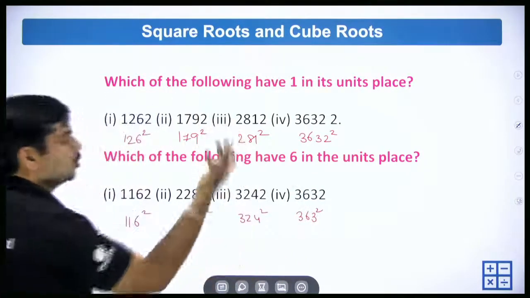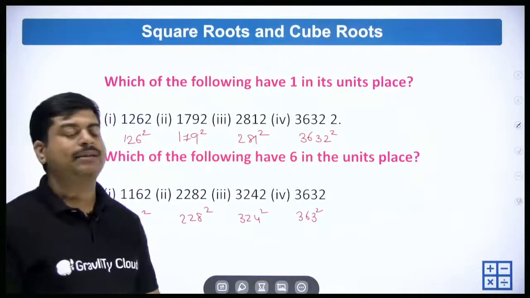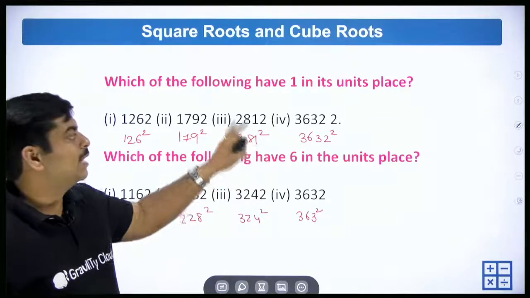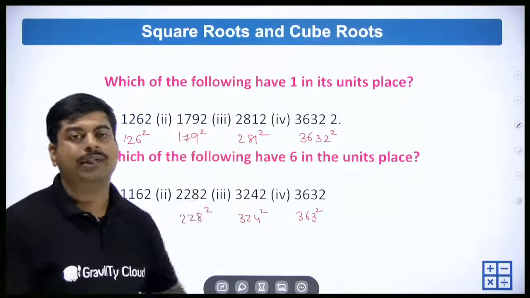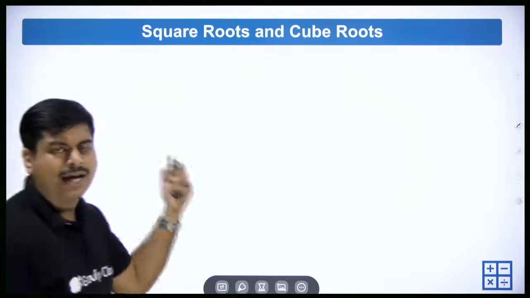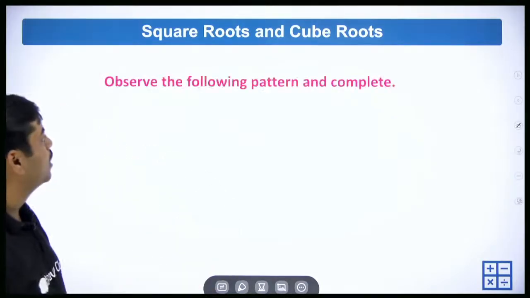Okay. So based on the units digit, you can directly say which number will have 1 in its units place. Right. The next one, I will come back to that in the next class once again.